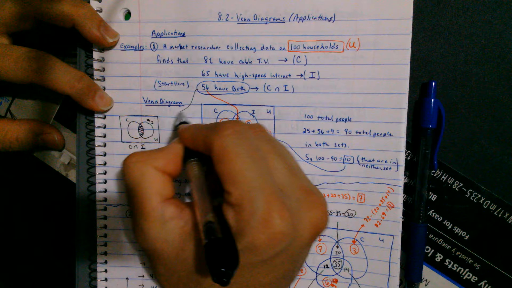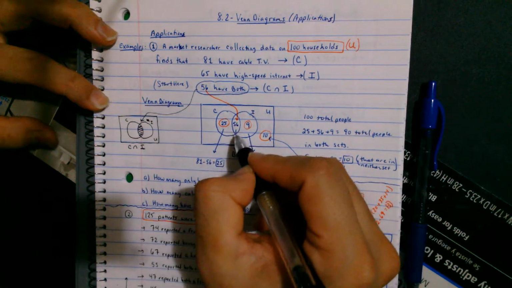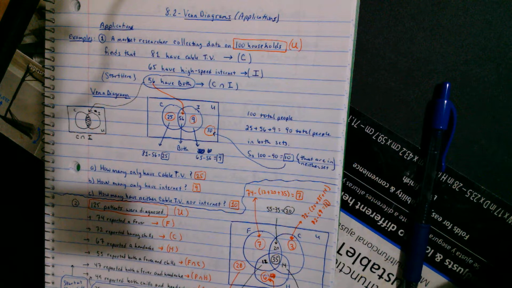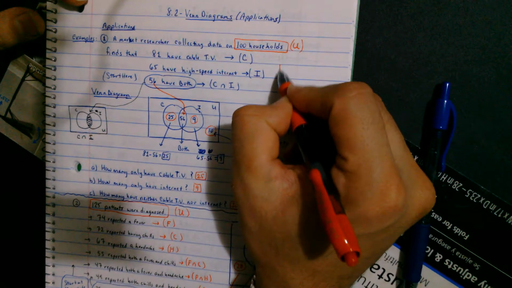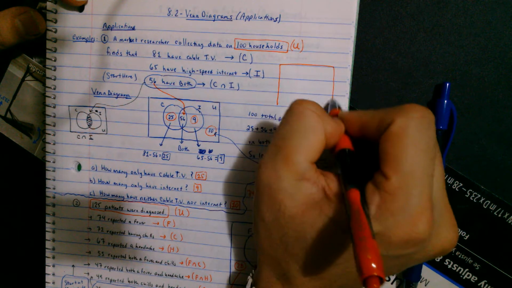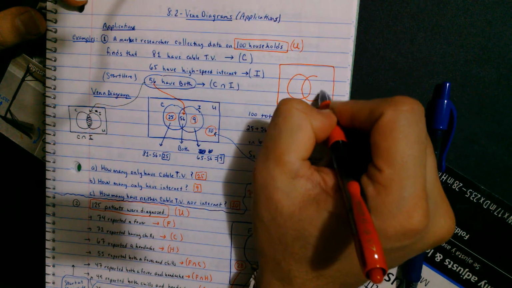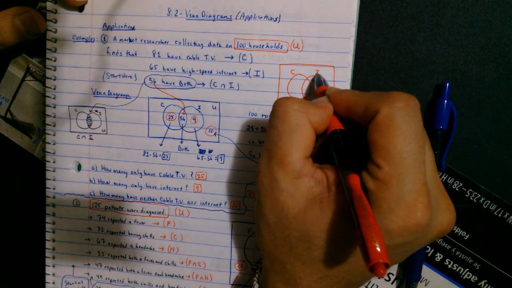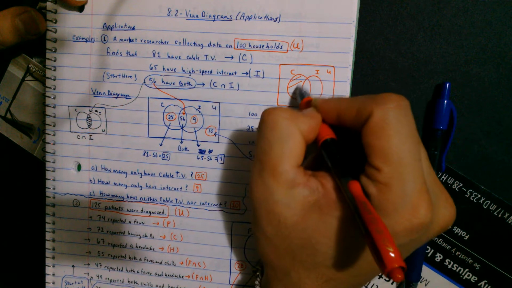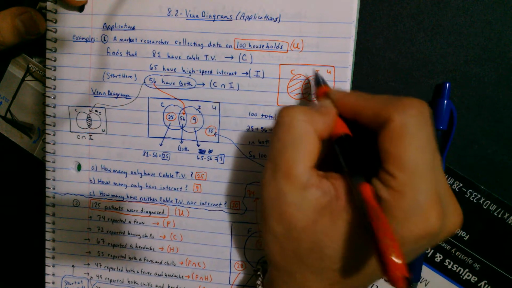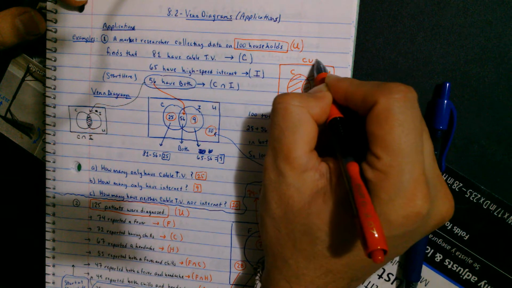So that's why we put the 56 right there, where we did. If you take the two circles together, what's in one or the other, or both? That is the union.